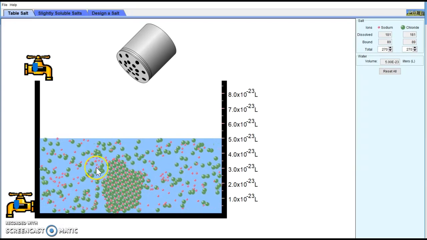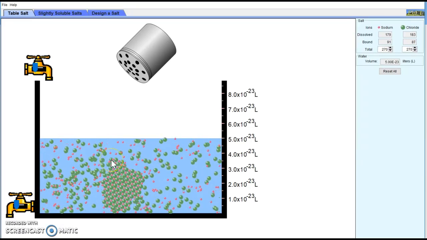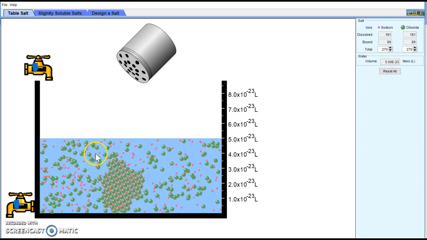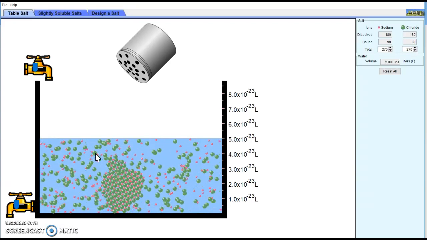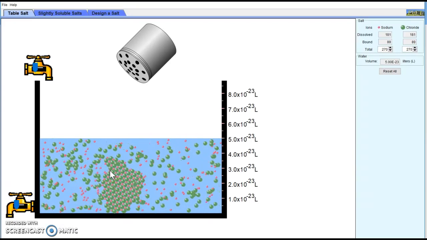This counts as an equilibrium because if you look carefully, particles are constantly popping off of the lattice and dissolving into solution at the same rate as ions from solution are precipitating onto the crystal lattice.